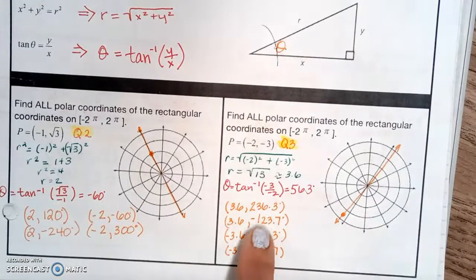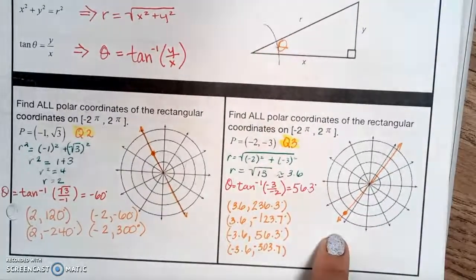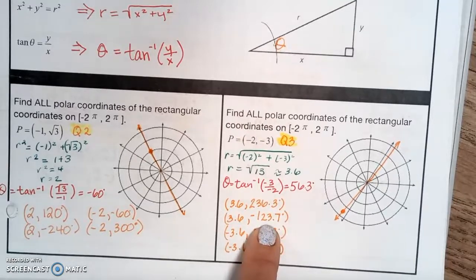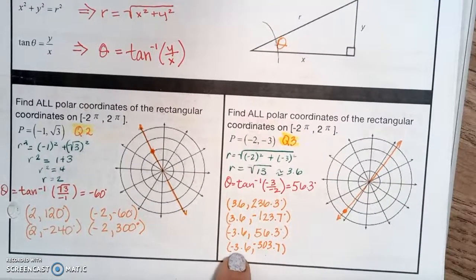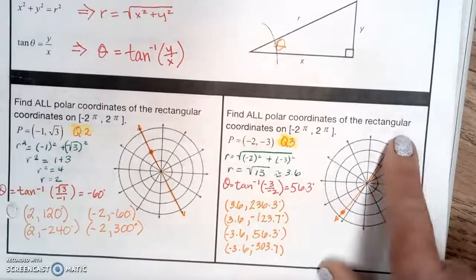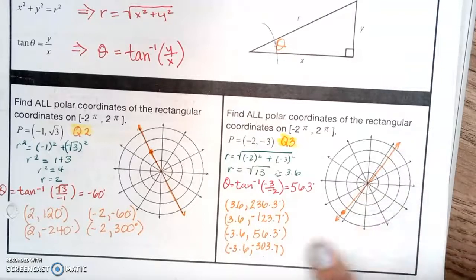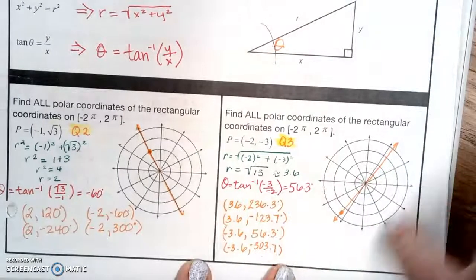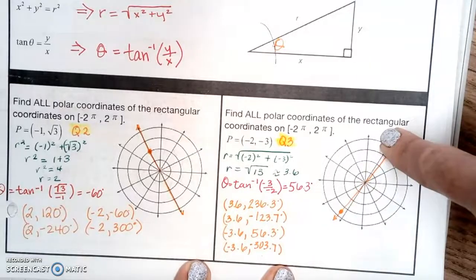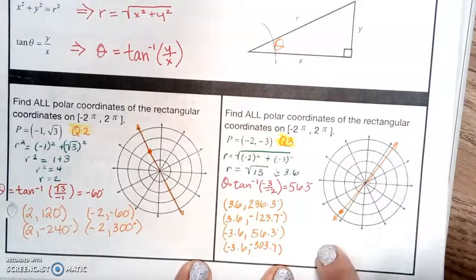Okay. Then to get the negative value, subtract that from 360. Okay. Then to get these two, this one is the 56, but go the opposite direction. And then this last one is the negative and go the opposite direction.